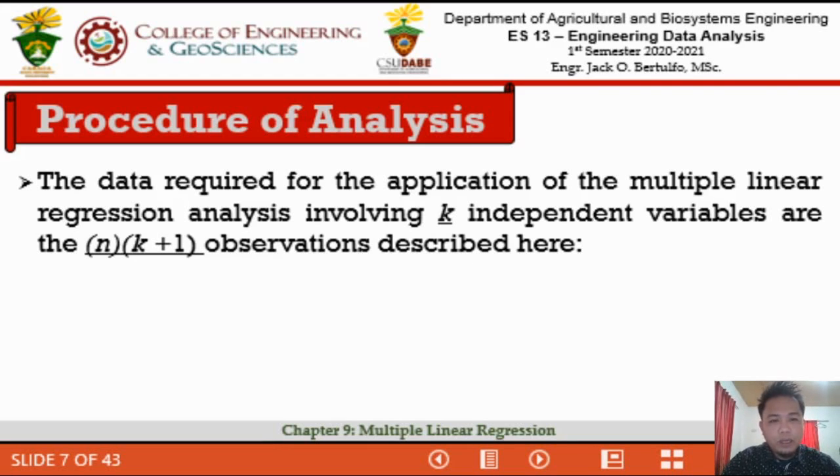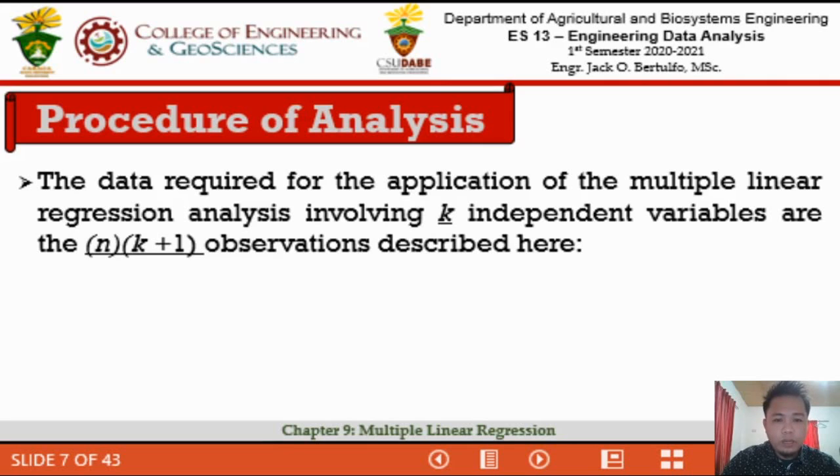The data required for the application of multiple linear regression analysis involving k independent variables are n multiplied by the quantity of k plus 1 observations. So n is the number of observations, and then k plus 1.